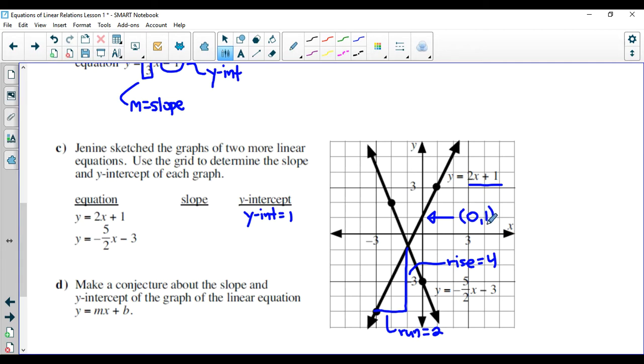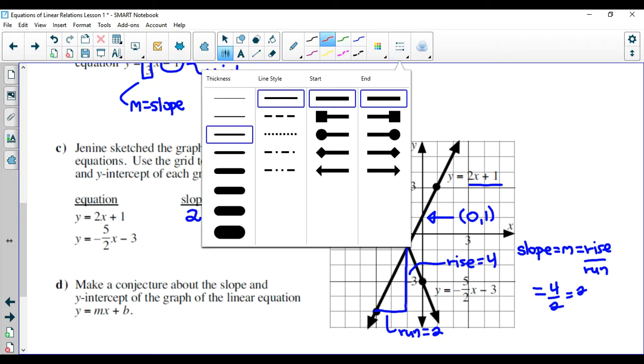If you calculated the slope, then m, which is rise over run, would be equal to 4 divided by 2, which is equal to 2. So the slope of this graph is equal to 2. Let's do the other one.